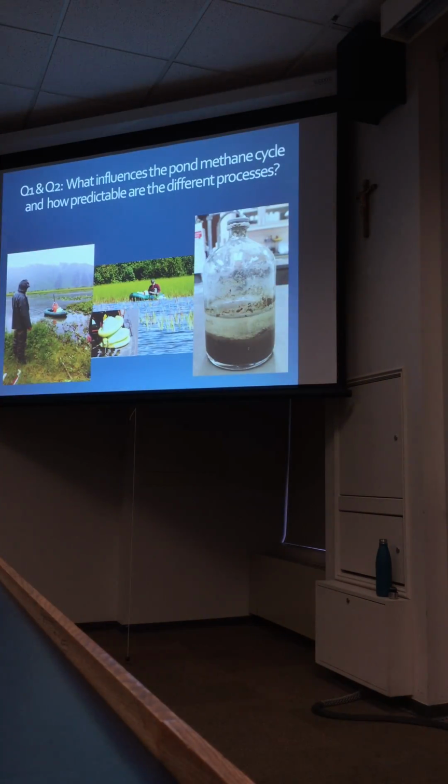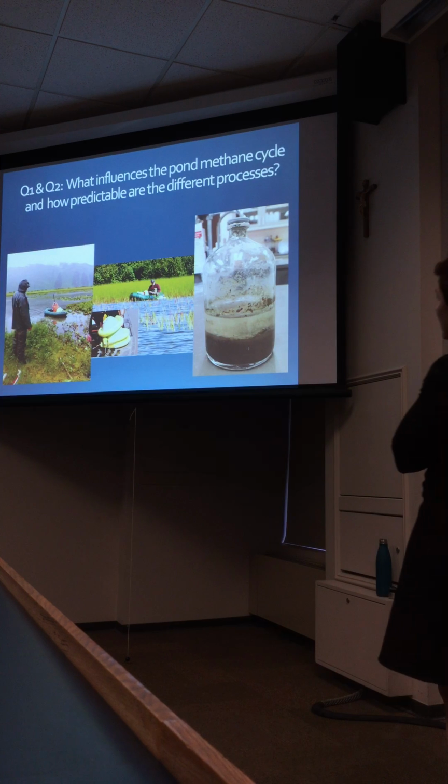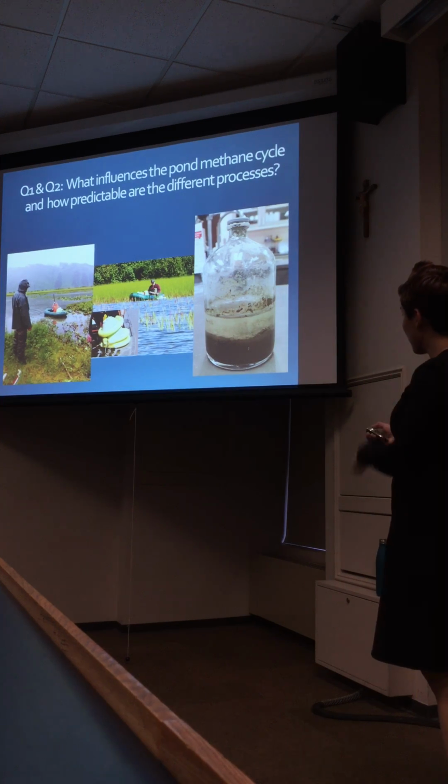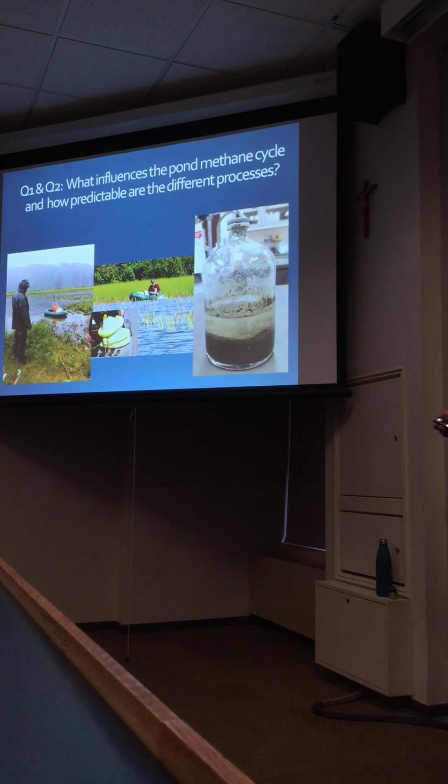So I wanted to study the pond methane cycle and determine how predictable these different processes are. And so what we did is I went out and I measured methane production by taking sediment and water from the ponds and then measuring the change in methane concentration through time that these little bottles were producing.